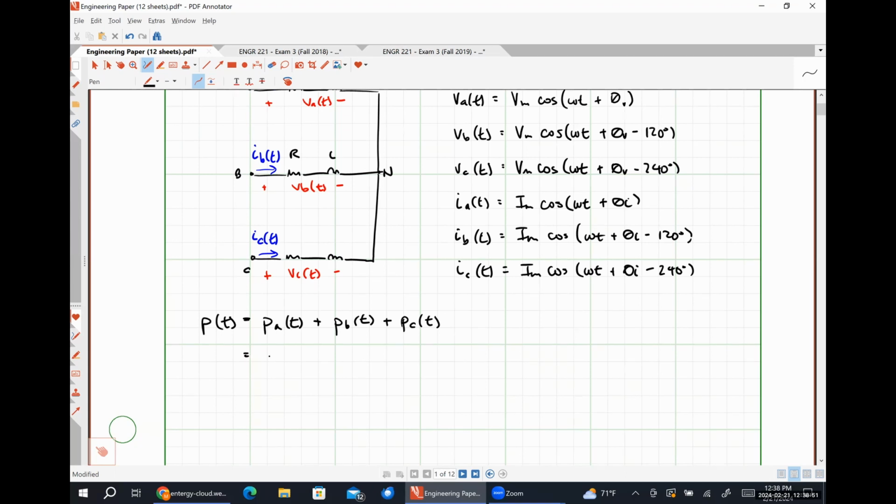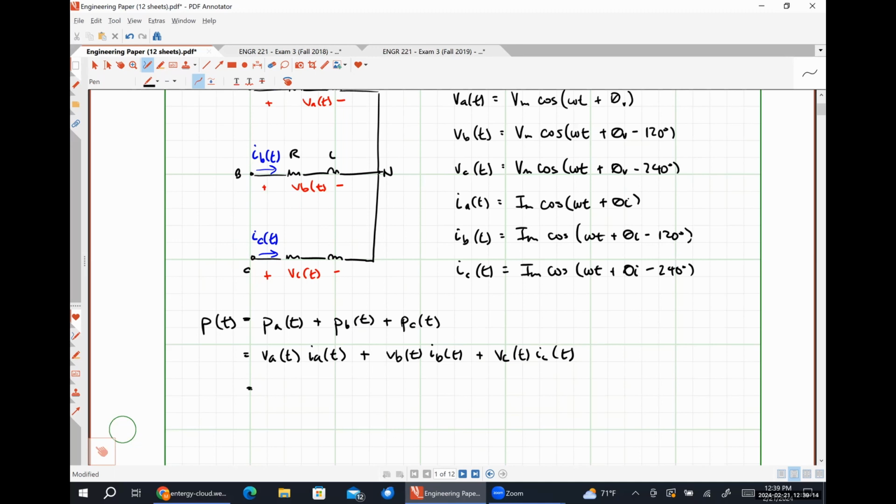So the instantaneous power absorbed by the A phase is simply going to be VA times IA. The instantaneous power absorbed by the B phase is going to be VB times IB. The instantaneous power absorbed by the C phase will be VC times IC.